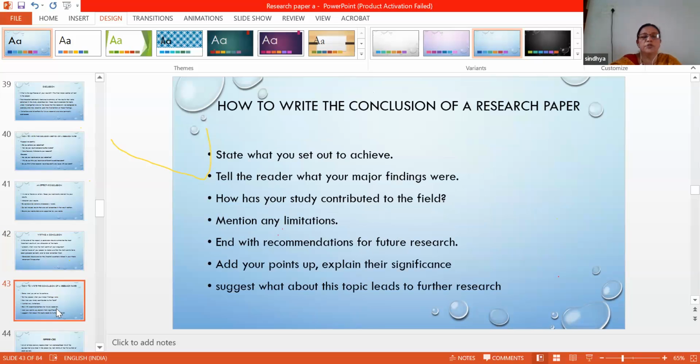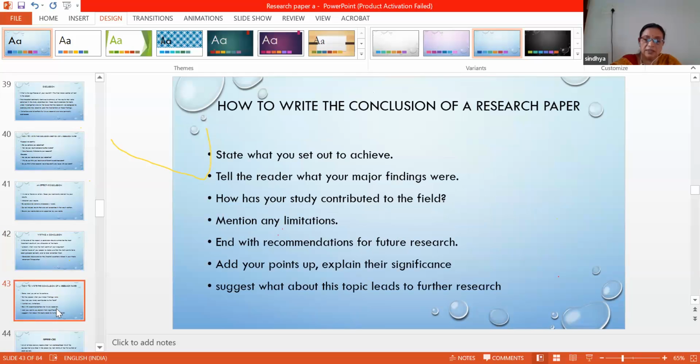your study has contributed, any limitations that occurred, and the recommendations for future research. And if you have any further points, you should explain their significance and suggest what about this topic leads to further research. So it should lead with the past, present, and future.